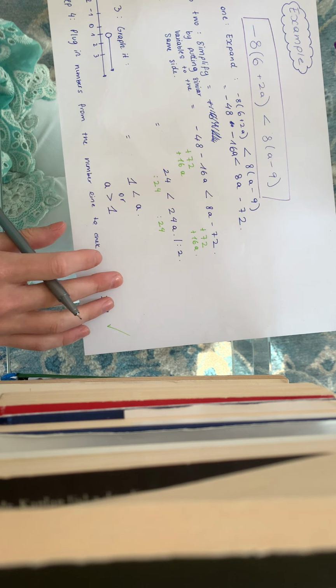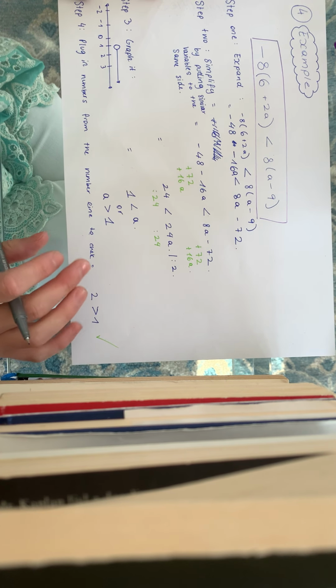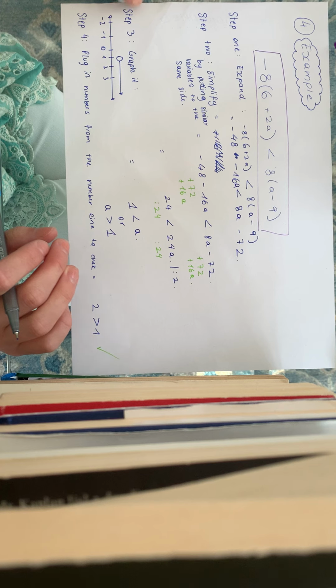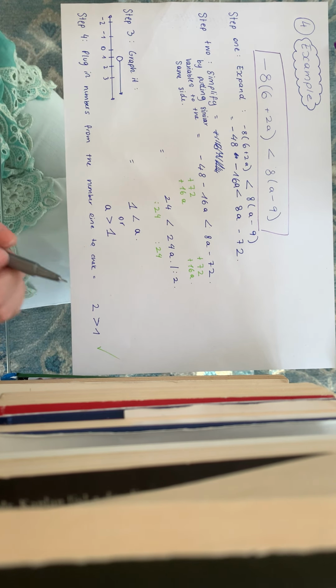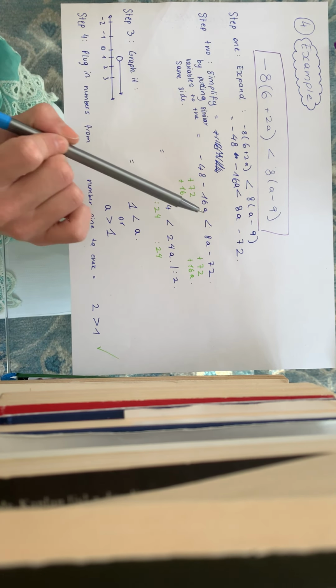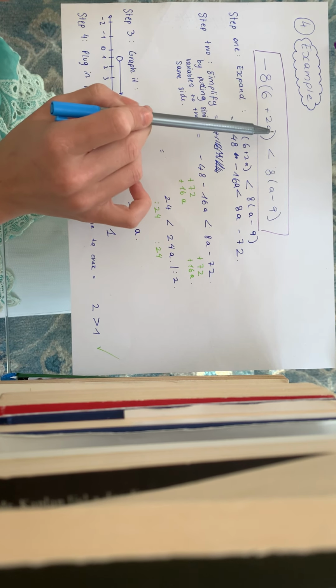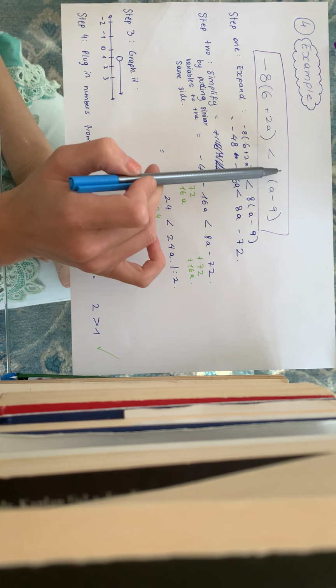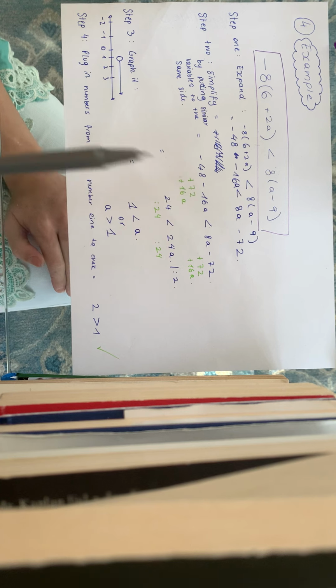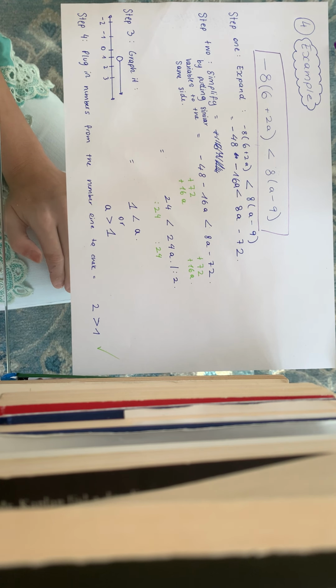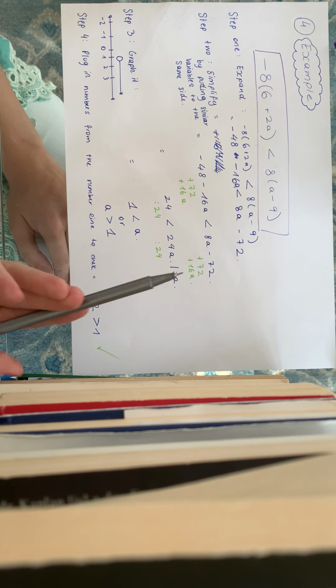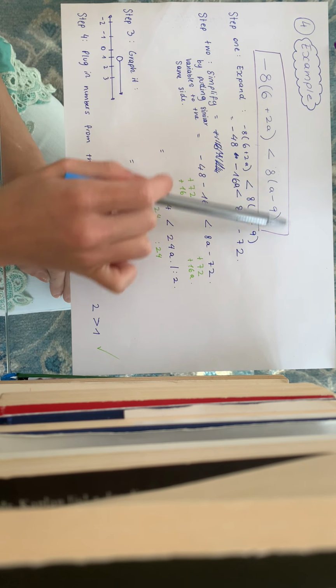Now, the last example, I don't know if you can see. The last example is -8(6 + 2a) is less than 8(a - 9). So the first step is to expand it.